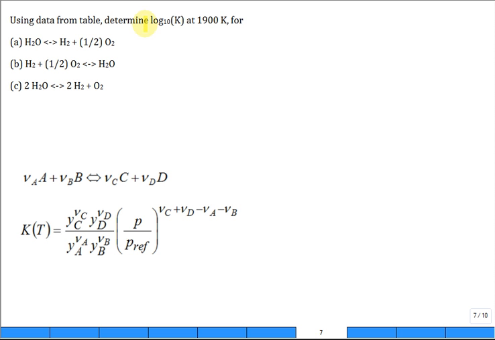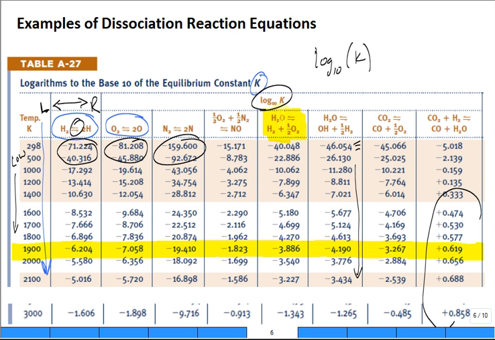So take a look at 1900 Kelvin for this reaction equation. That reaction equation is water dissociating to H2 plus 1/2 O2. Let's go back and take a look. H2 plus 1/2 O2. Isn't that the right reaction or dissociation?